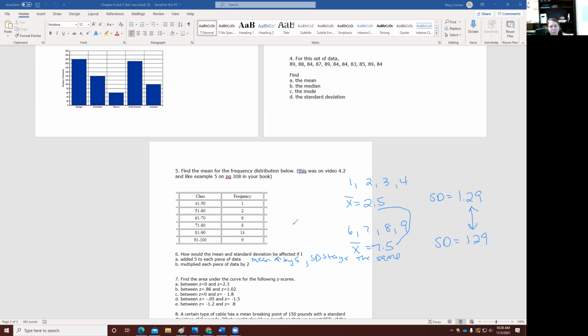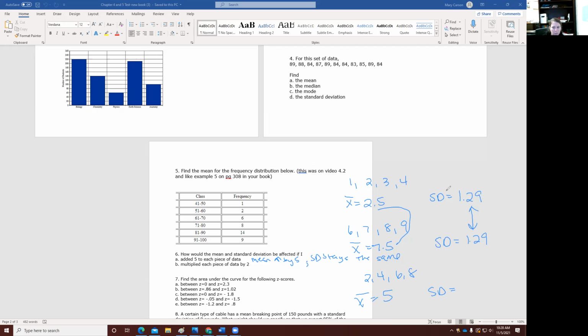All right, then the next time we're going to multiply these by 2. So this will become a 2, a 4, 6, and 8. And we want to say, okay, what happens to the mean? What happens to the standard deviation? So again, I find that for 2, 4, 6, 8, the mean becomes 5.